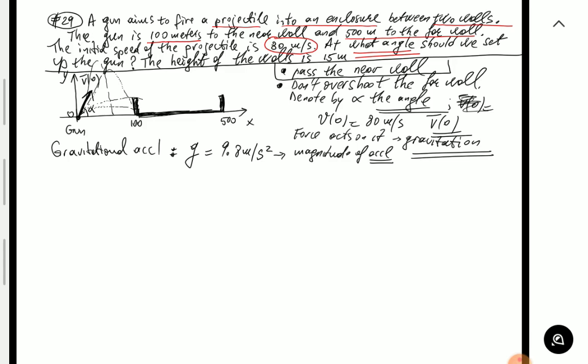Now, for a vector in R2, we can just use the trigonometric functions cosine and sine for alpha in order to compute the components of the velocity vector. So the magnitude of the velocity vector is given in the problem, right? The initial velocity. It's 80 meters per second.